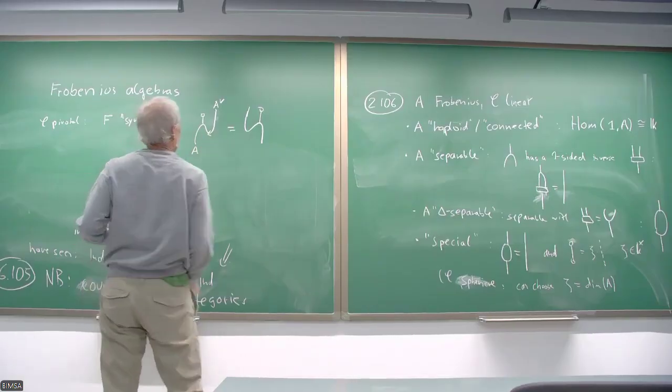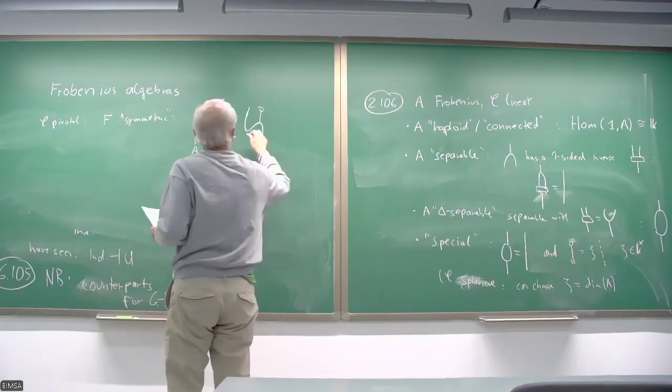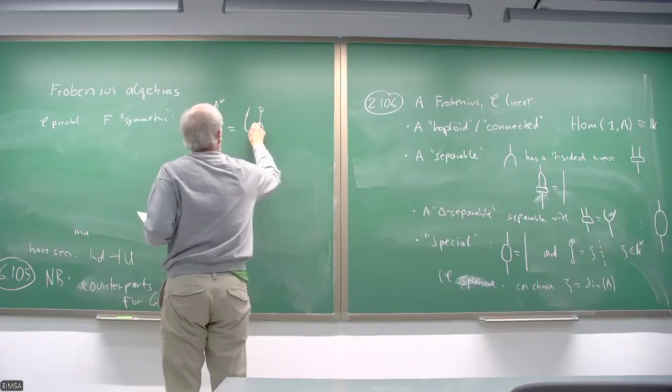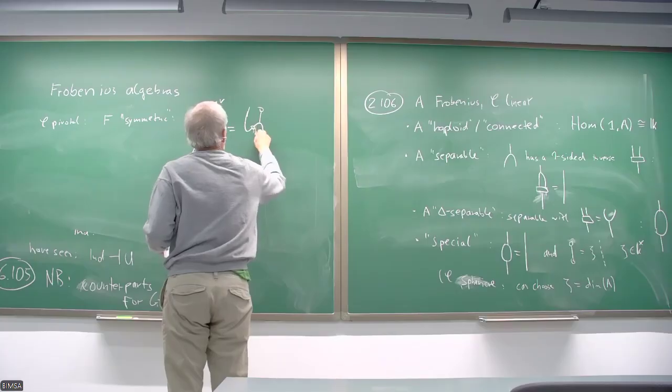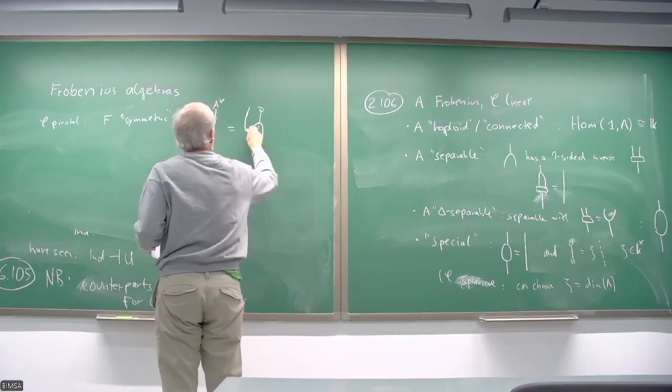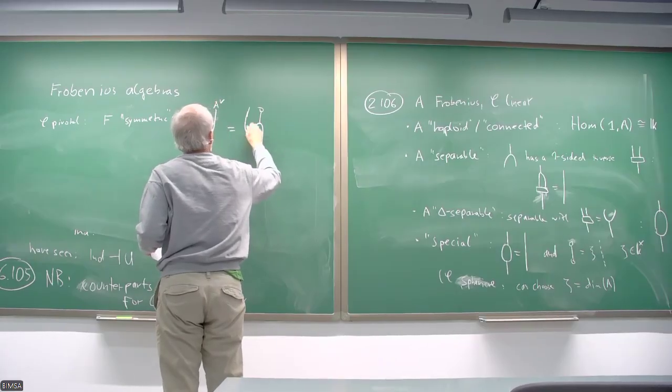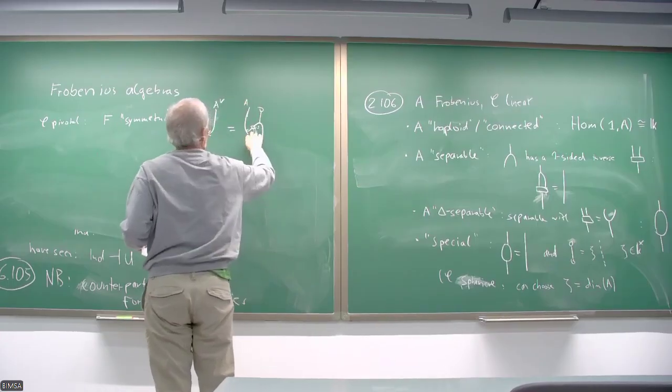On the left side, we just have a duality here. Here I need the inverse of the pivotal structure to A here, and then A dual here.